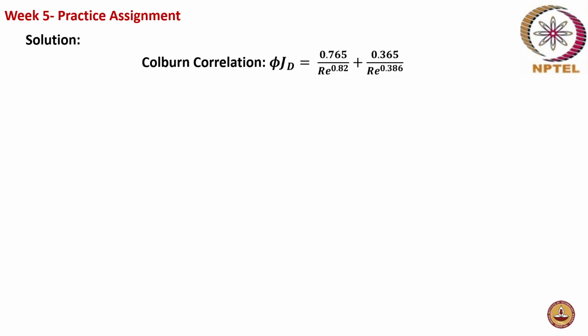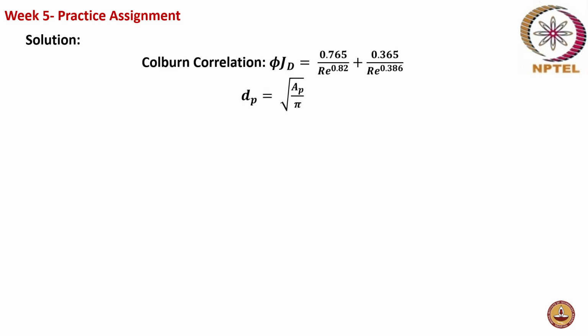The Colburn correlation is given by phi into JD is equal to 0.765 by Reynolds number power 0.82 plus 0.365 divided by Reynolds number power 0.386, where phi is your porosity and JD is your Colburn factor.